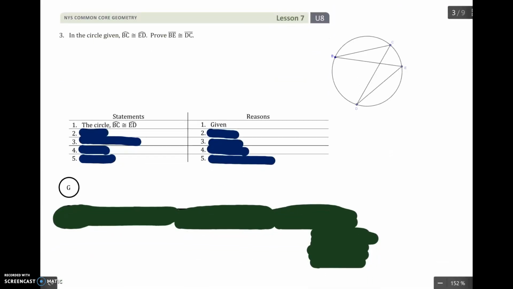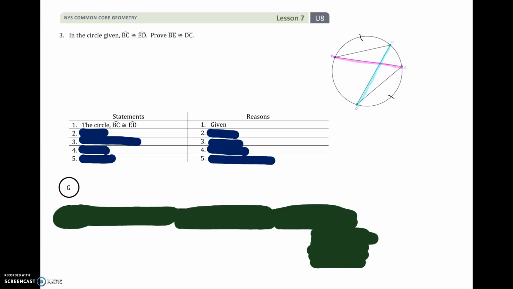Okay. Now, number 3 does have triangles in it, but there's an easier way to do this one, because if you notice there's no letter here, we could put one there, but it's a clue to us we probably shouldn't need it. So let's look at what we were told. We were told arc BC and arc DE are congruent, and we are trying to show segment BE is congruent to segment DC.